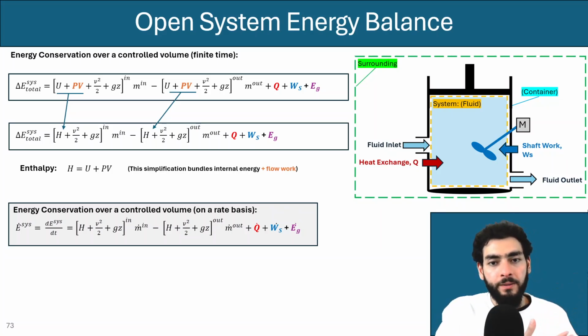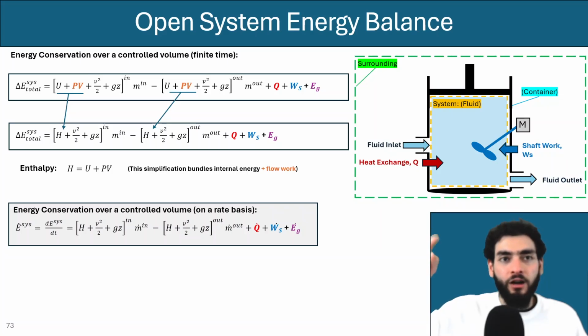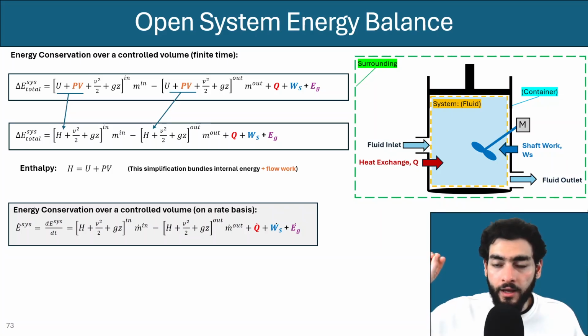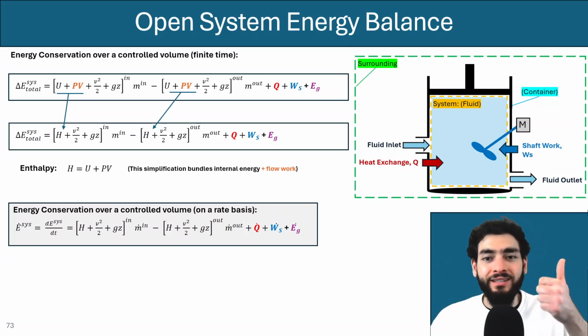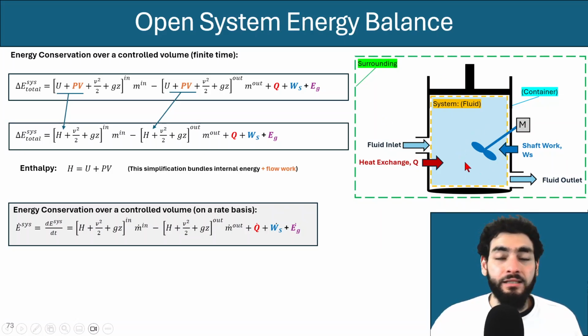So for instance, if you look at the steam tables, you'll find the enthalpy of water, or you can find the enthalpy of steam at different temperatures and pressures. And essentially you would use that value in your energy balance to see what is the total change of the system's energy.